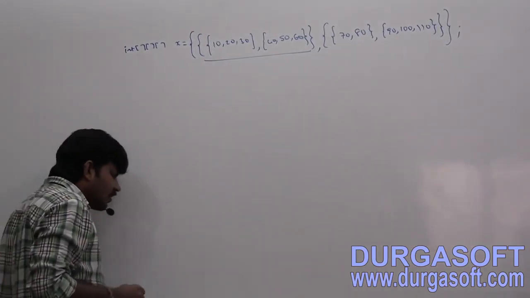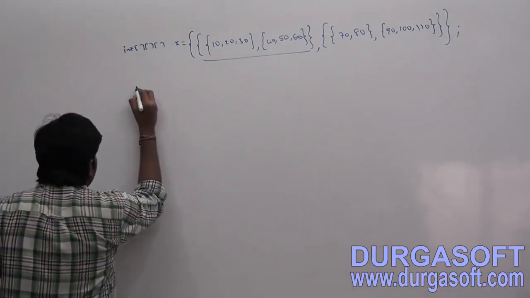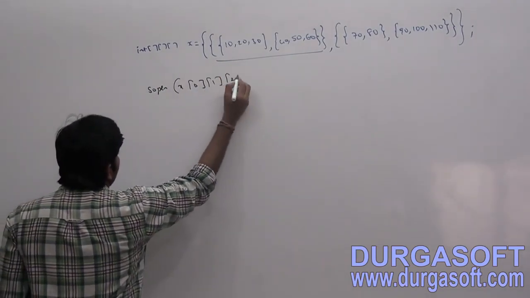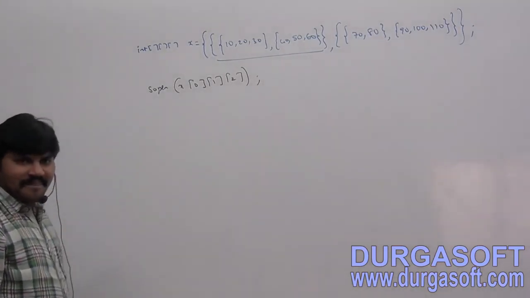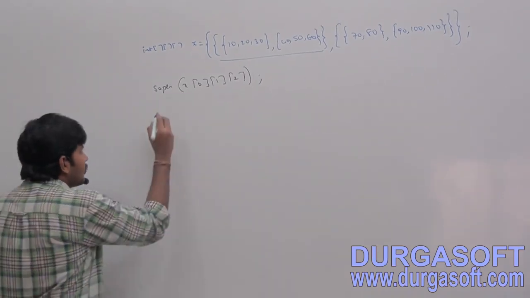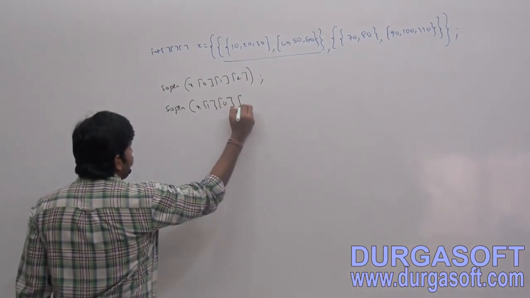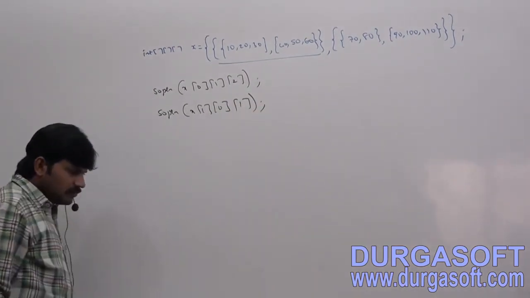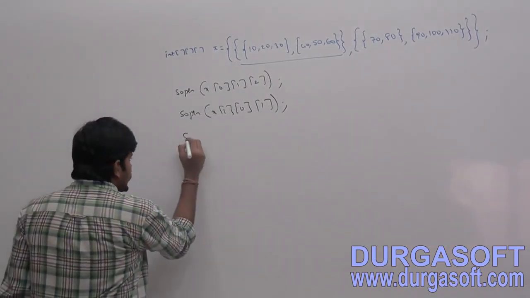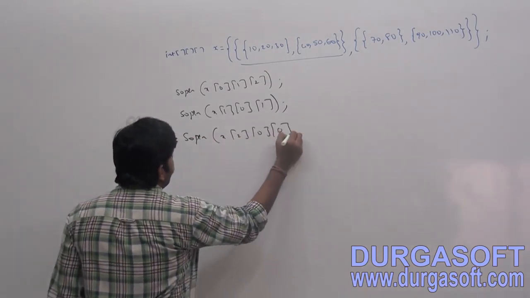Can you tell what is the value of SOP of x of 0, 1, 2? What is the answer? SOP of x of 1, 0, 1. What is the answer? SOP of x of 2, 0, 0. What is the answer?